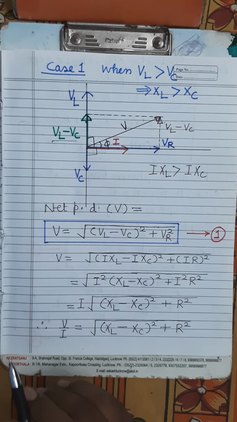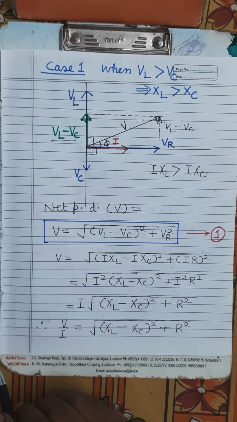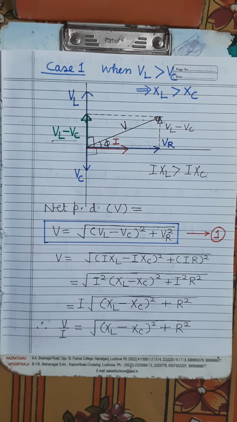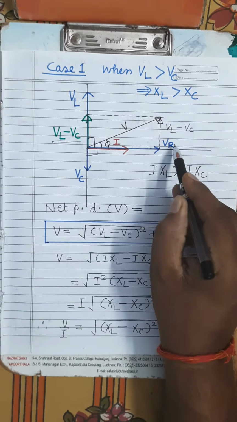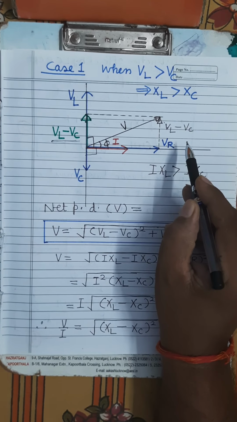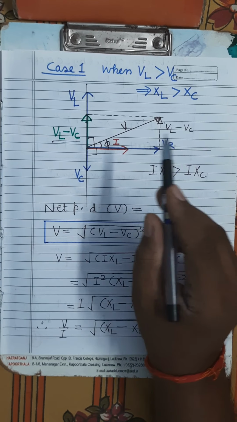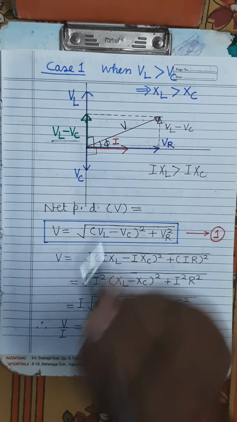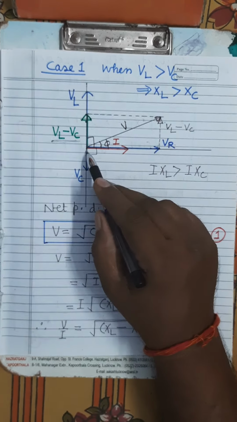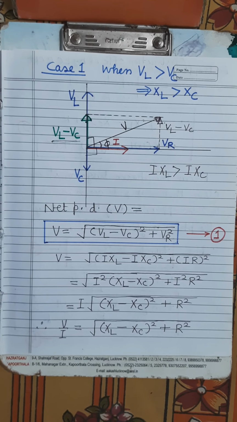But in alternating current, in order to determine the total potential difference, we treat them as phasors and find their resultant exactly as we did with vectors. The resultant of VL minus VC and VR can be found by completing the parallelogram. Complete this rectangle, its diagonal V will be the net potential difference.